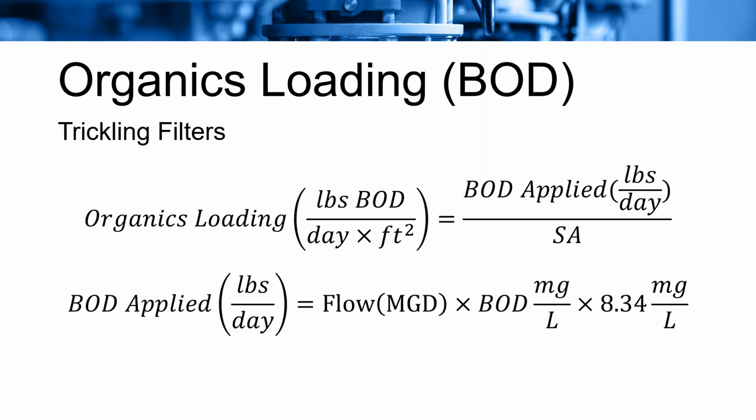And this one requires that you divide the BOD applied over the surface area, which is exactly the same as we just did for our solids loading for a clarifier. But instead of solids applied, this one is BOD applied. And we find BOD the same way we did in the previous problem. And we plug in our BOD concentration multiplied times the flow and our unit conversion.